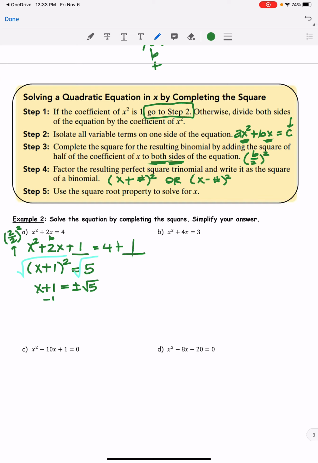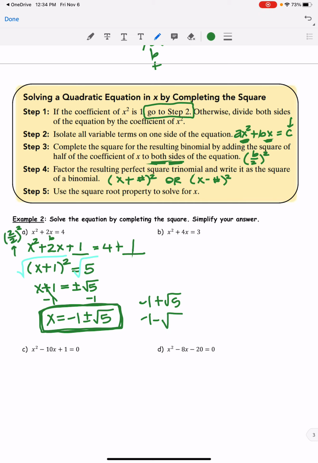And then subtract 1 from both sides. So I'm going to get x equals negative 1 plus or minus square root 5. And just to clarify, remember that square root tells me how many answers? This tells me my two different answers. That's negative 1 plus square root 5 and negative 1 minus square root 5. So that's your first and second answer written one way.